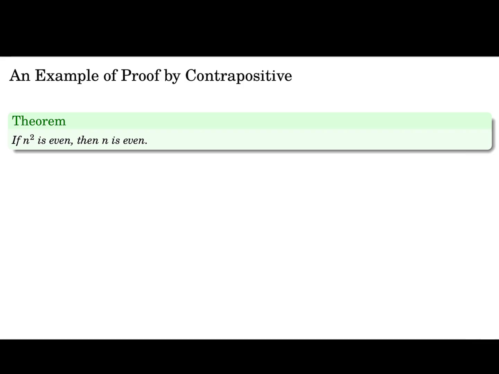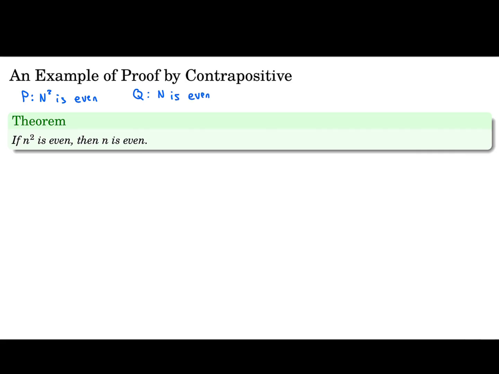So here, our hypothesis P is n squared is even. Our conclusion Q is n is even.